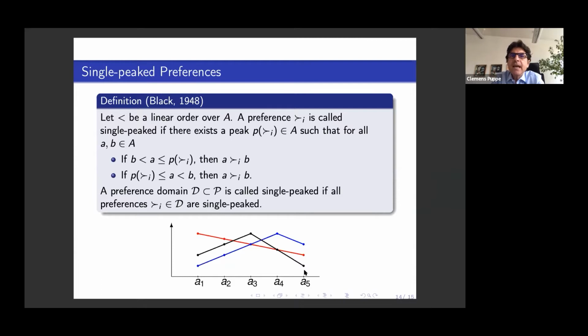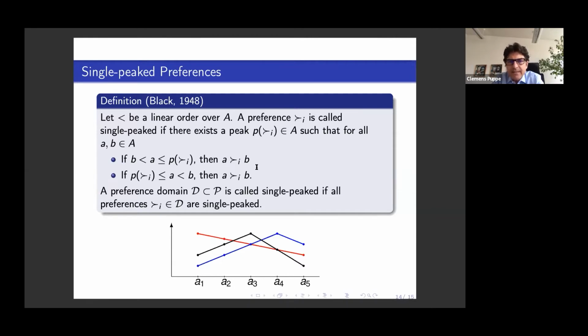And suppose that for each voter i, the preference satisfies the following property. The top alternative, called the peak here, and denoted by P, is somewhere in this order. For instance, for the red voter, it's A1. For the blue voter, it's A4. For the black voter, it's A3.